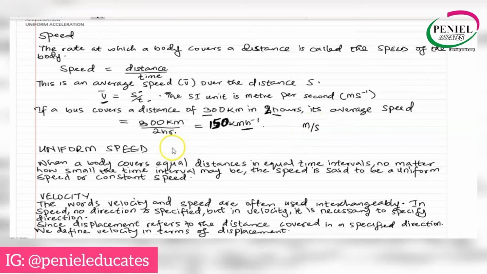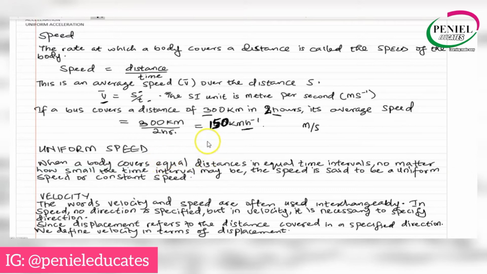Now, when a body covers equal distance in equal time intervals, no matter how small that time interval may be, the speed is said to be a uniform speed, or a constant speed.